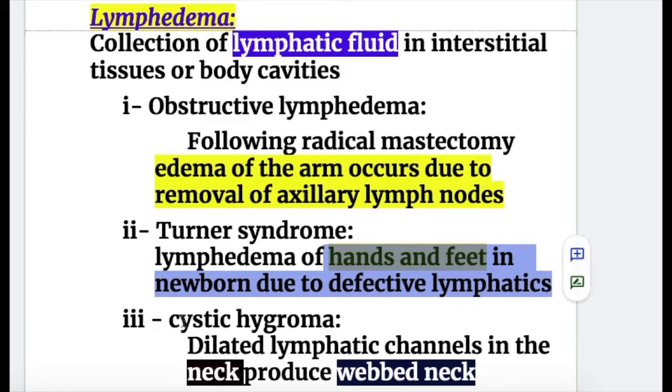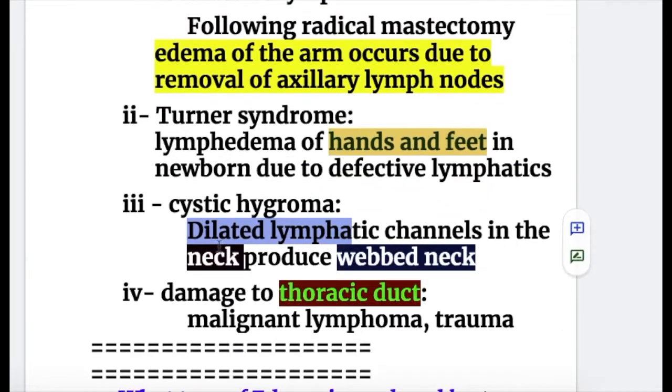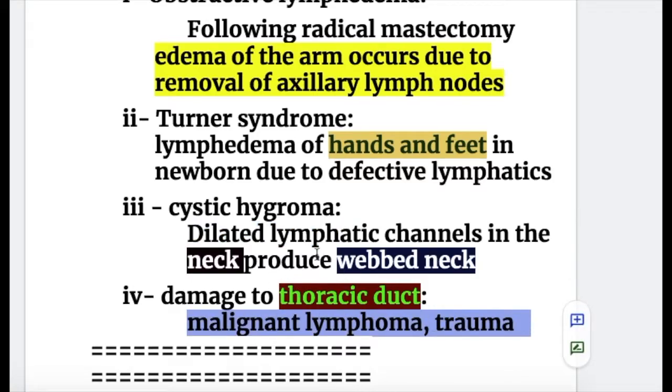Number 3, cystic hygroma. In cystic hygroma, dilated lymphatic channels in the neck produce a webbed neck. So webbed neck in cystic hygroma, edema of hands and feet in Turner syndrome, and edema of the arm following radical mastectomy. And number 4, damage to the thoracic duct occurs after malignant lymphoma or trauma and causes lymphedema.